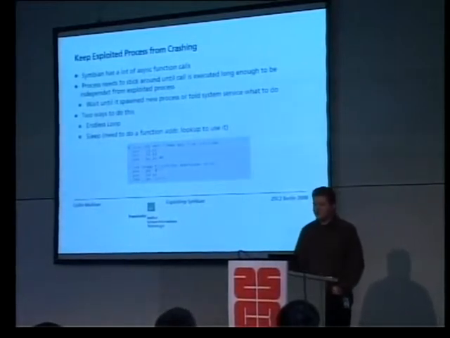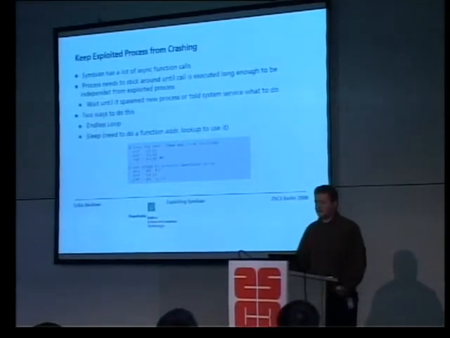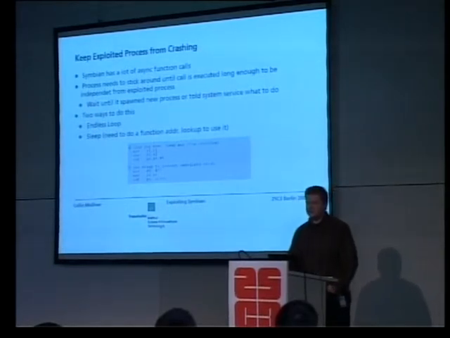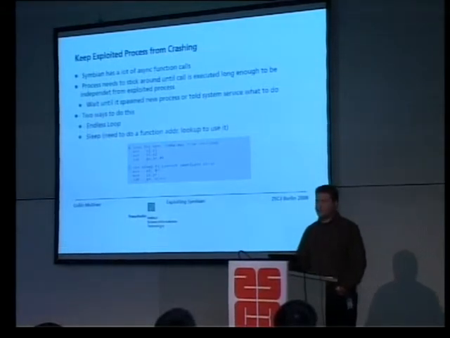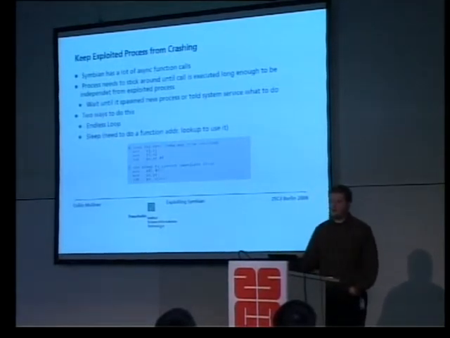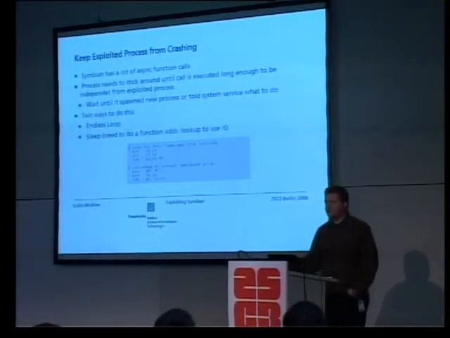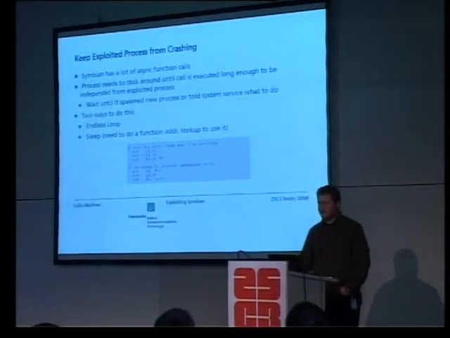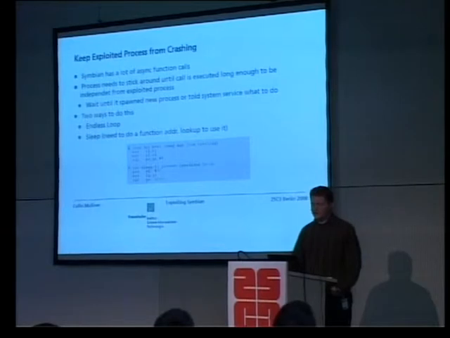With other operating systems, you can just call some function, and if it returns, the job is done. On Symbian, it's not like that. If you start a phone call and your exploit crashes right after that, the phone call will not proceed, because if the initiating process dies before the operation has started properly or has finished, it will not work.